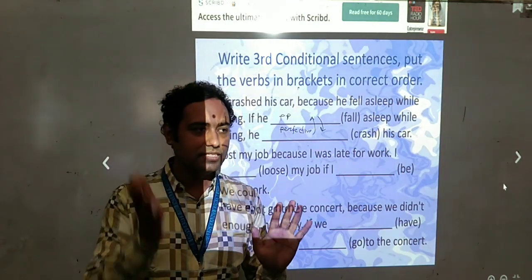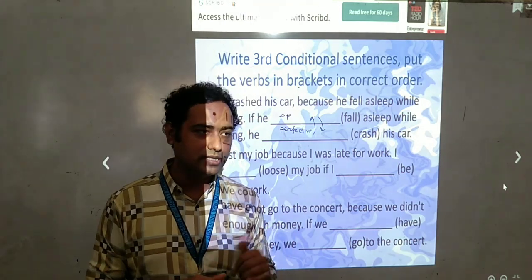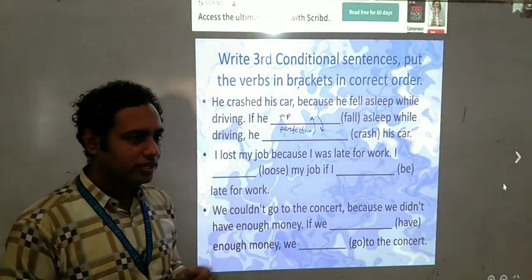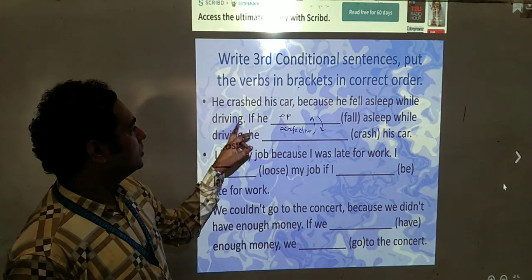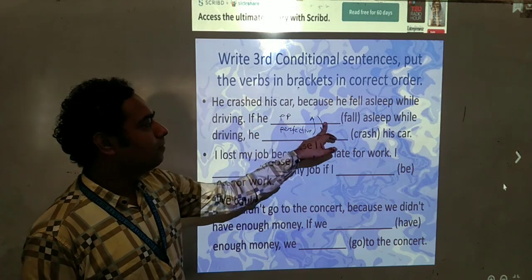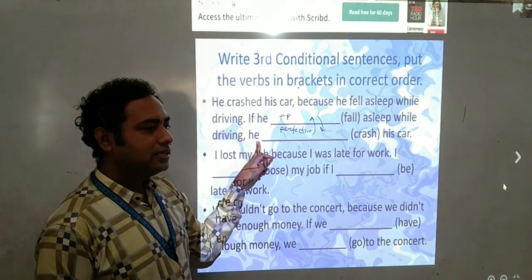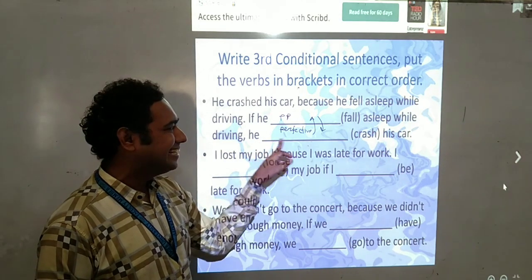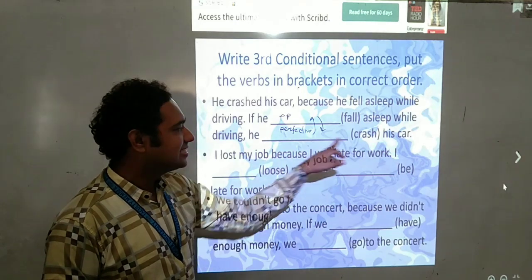Yeah, let's revise. This is very challenging, and there is another structure. I'll write it down, which is not here. More challenging. So, if he hadn't fallen asleep while driving, he might not have crashed his car.